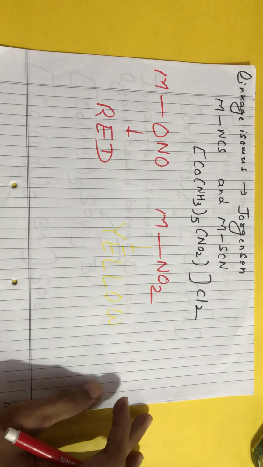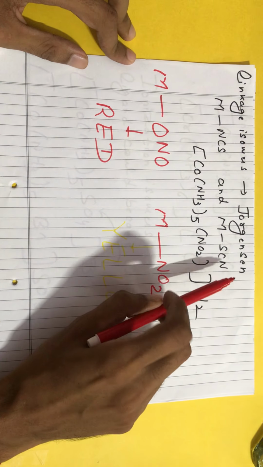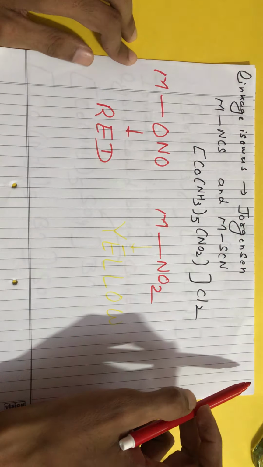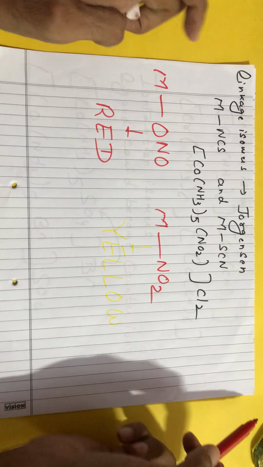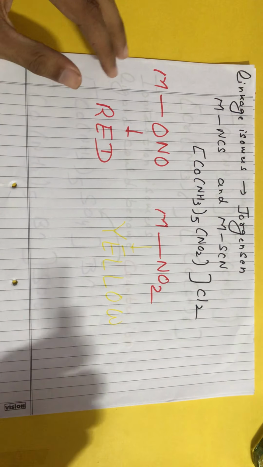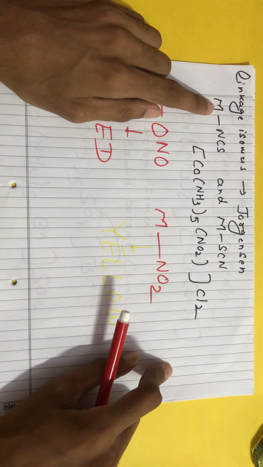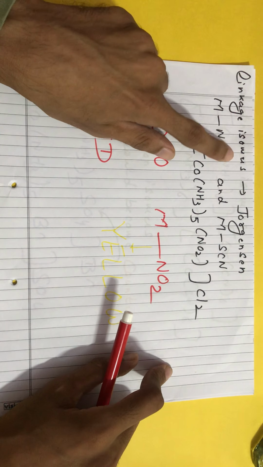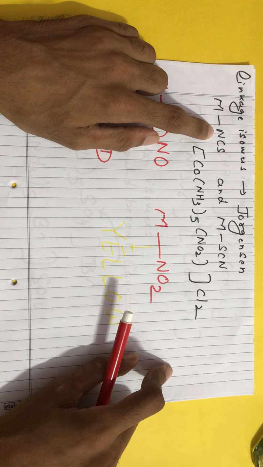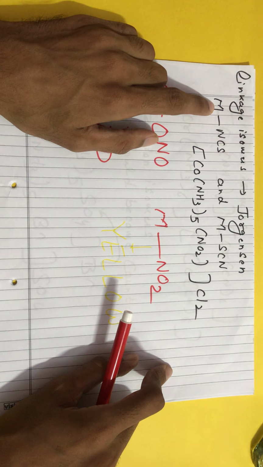Now linkage isomers were given by Jorgensen, and how do they differ? We need to know what ambident ligands are. Ambident ligands have more than one heteroatom that can donate to the metal ion. This is an ambident ligand. Linkage isomers differ in which heteroatom links to the center metal ion.